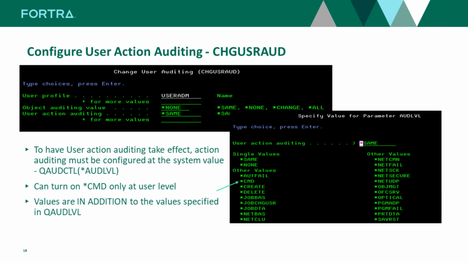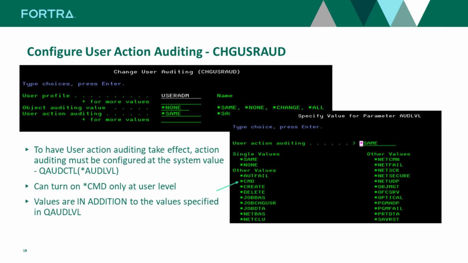With, again, the user auditing, this is that special one that I told you about at the beginning, where at user level, you can turn on all the same auditing for a user that's turned on at the system level. So if you don't want to log jobs for all of your users, but you do want to log QSECOFR, any contractors that might be on your system, all of your elevated profiles and your administrators, you want to know when they're logging onto the system, you can turn that on at the user profile level only, so you're not logging everybody's jobs.